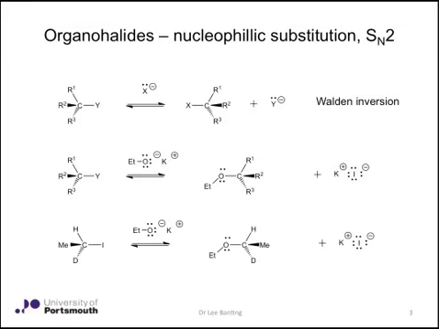This is effectively ethyl iodide, but with a deuterium label. The deuterium label on that carbon now makes that carbon chiral, whereas in ethyl iodide it wouldn't be. We've got potassium ethoxide attacking the deuterated ethyl iodide.